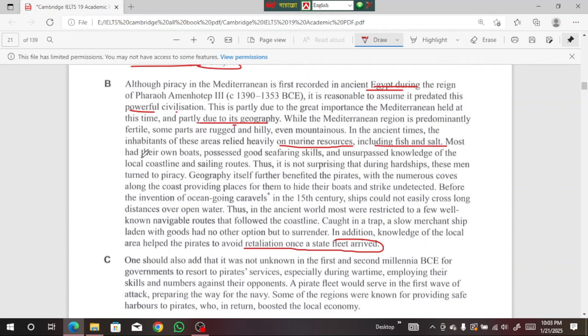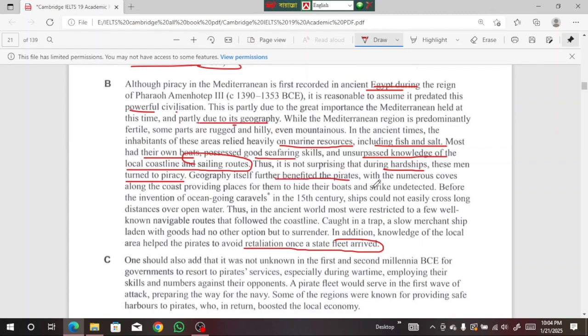Most had their own boats, possessed good seafaring skills, and had knowledge of the local coastline and sailing routes. During hardship, this turned many men to piracy. Geography itself benefited piracy.